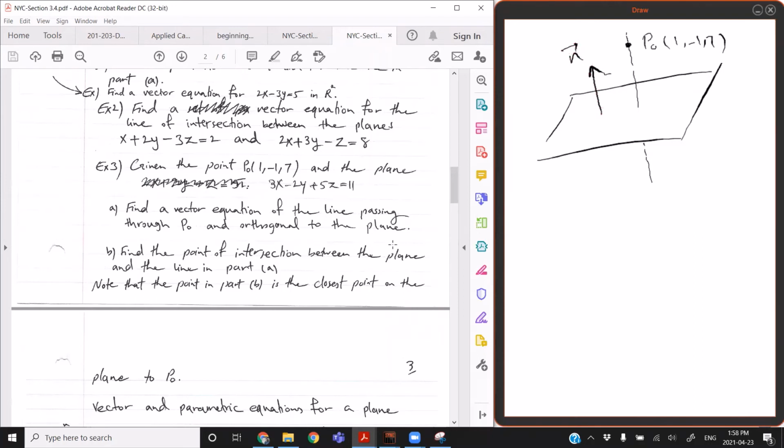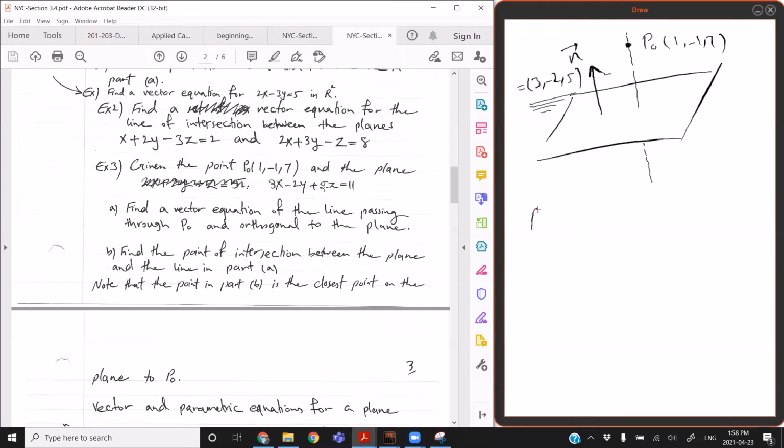The normal vector for the plane, if you look at the coefficients A, B, C, is going to be 3, minus 2, 5. But do you agree that if the line is orthogonal to the plane, and the normal vector is also orthogonal to the plane, then the normal vector for the plane and the line are parallel? Okay, so I have a vector parallel to the line.